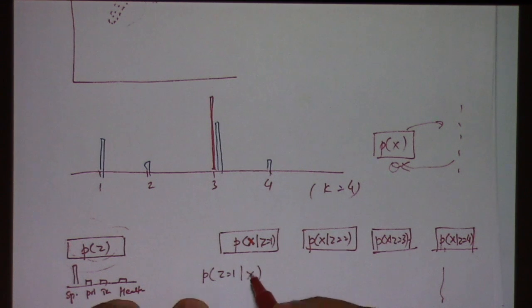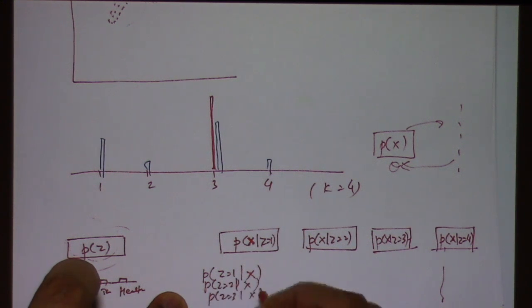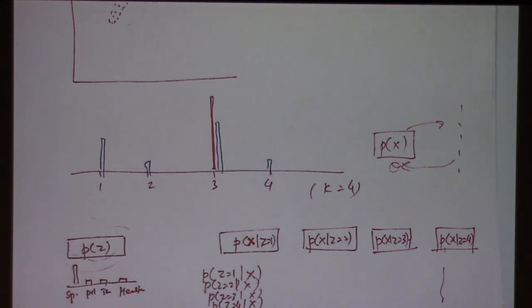Okay, so given an article, what is the probability that it came from sports? Then you can compute probability of z=2 given x, z=3 given x, and z=4 given x. So this gives you a natural way to do the soft clustering because it's essentially giving you a distribution over your hidden variables. All right? So that is the idea. So let's see how to do that in a more mathematical way.